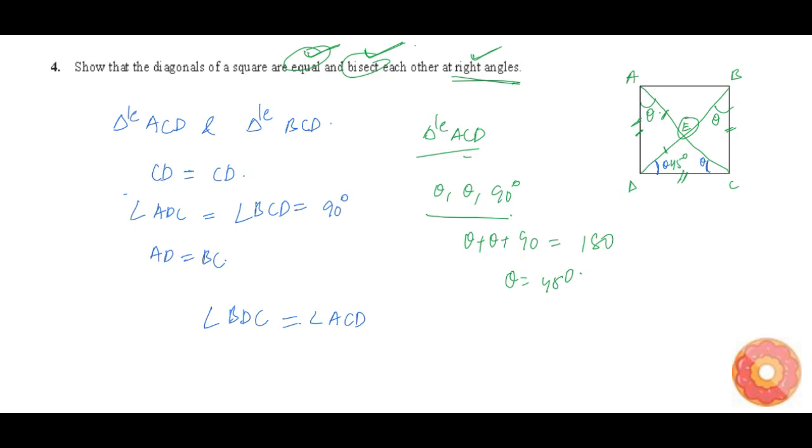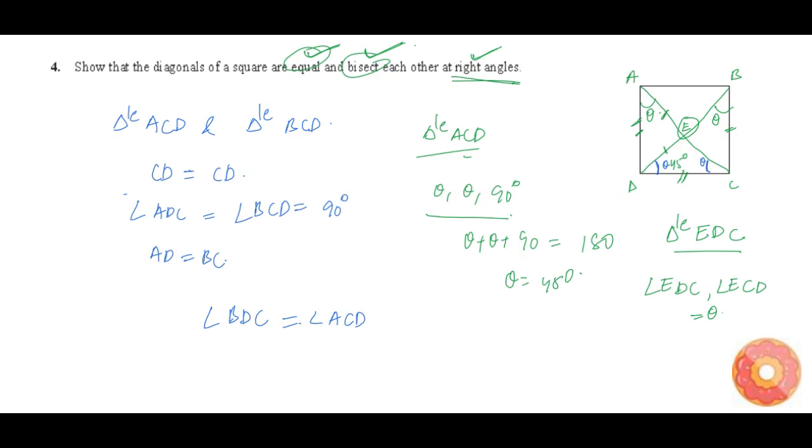Now theta is equal to 45 degrees. Since theta is 45 degrees, let us consider triangle EDC. See, in the triangle EDC, two angles, angle EDC and angle ECD, both are theta.